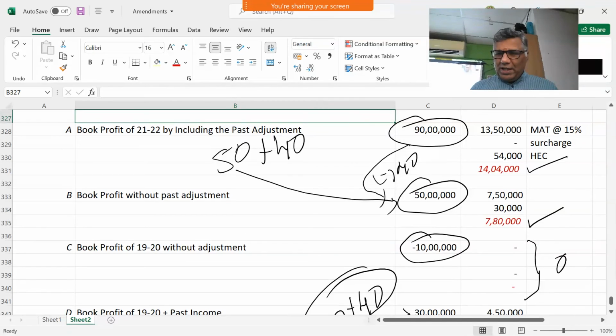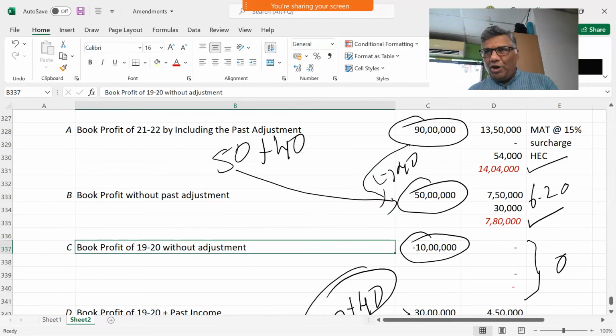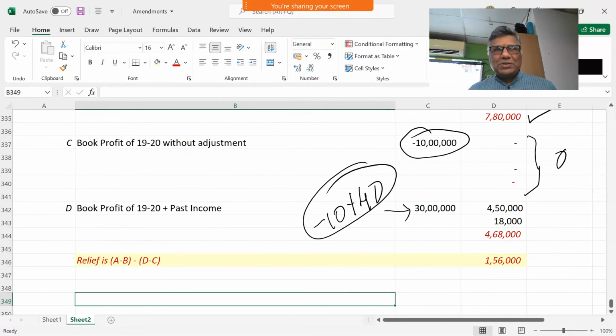நீங்க இங்க பாத்தீங்கன்னா, he is paying close to 7 lakhs. 6.2 lakhs he is paying extra. But he is getting a relief of only 1,56,000. Had he paid in that year itself, so you don't think relief always nominal.